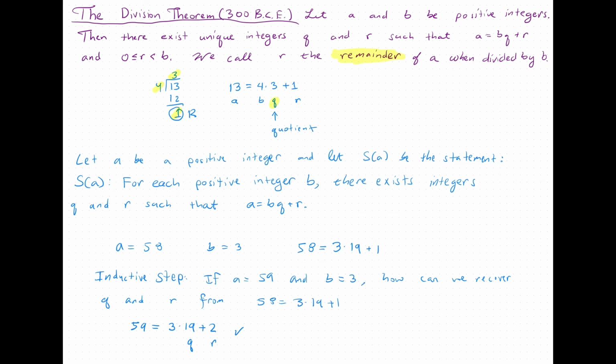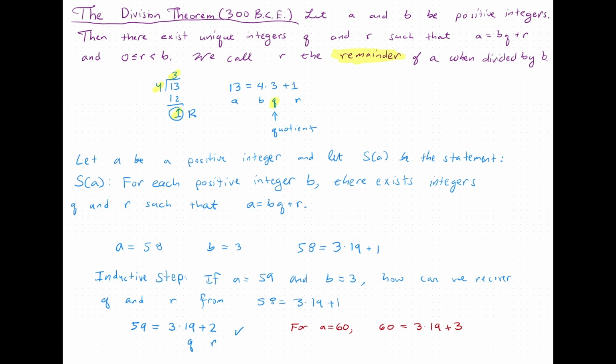Because if now we decided to do, say, 60, and continuing B equals 3, so for 60, we need to do some work. And so then we'll have 60, we add 1 to both sides again, and we're going to have 60 is equal to 3 times 19, but now we have plus 3. And now we have a problem, because since our B is equal to 3, the remainder has to be less than 3.